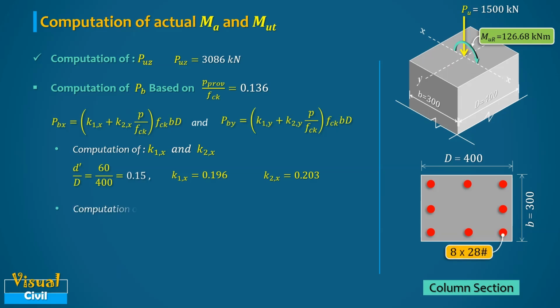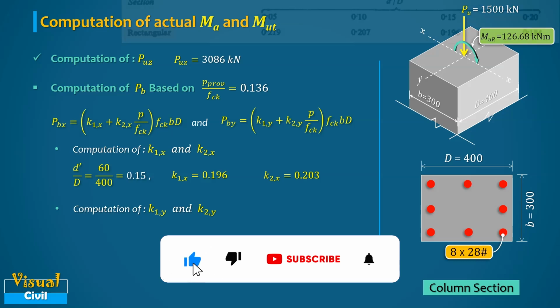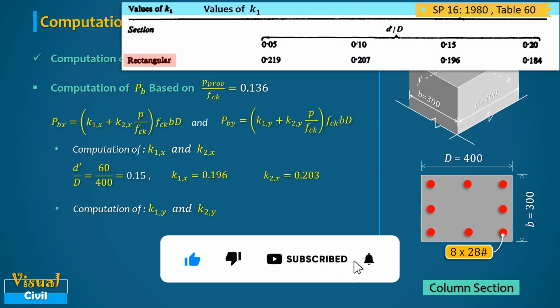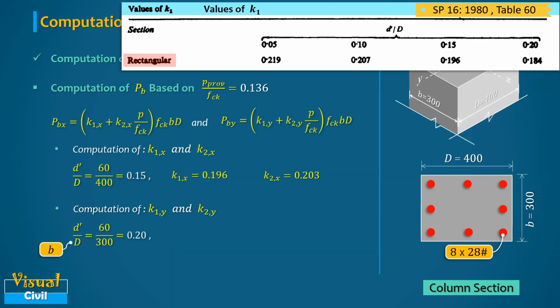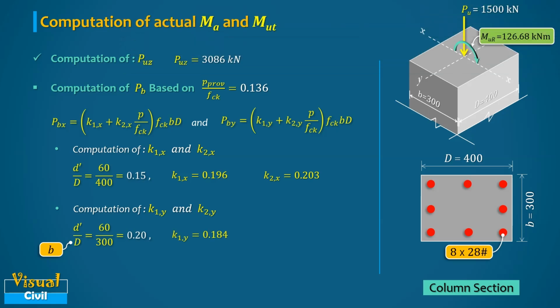Next, compute k1y and k2y based on the d dash by D ratio for the Y-axis from the same Table 60 of SP16. The d dash by D ratio for the Y-axis is 0.20. Therefore, the value of k1y is equal to 0.184.